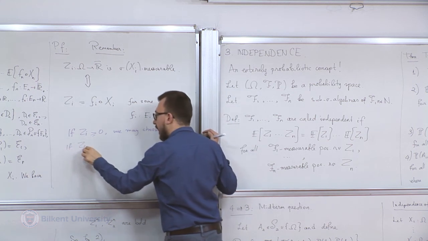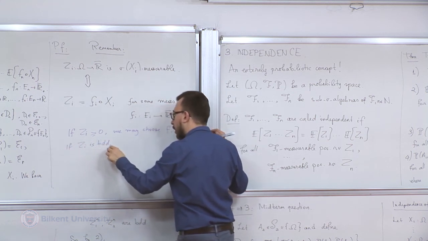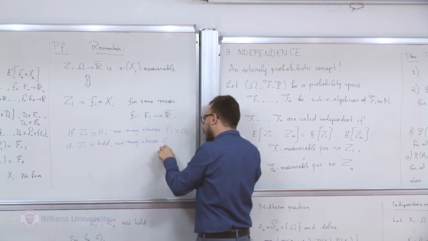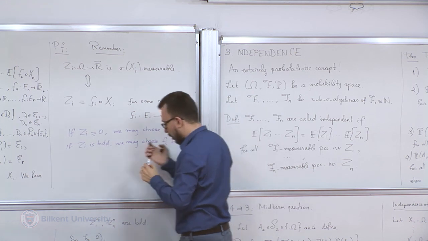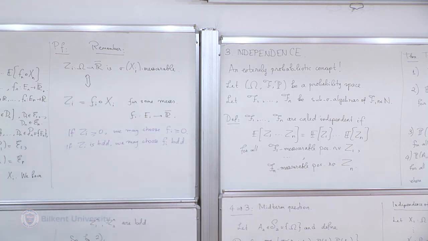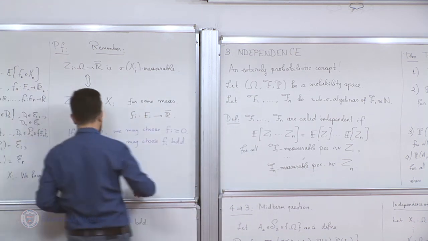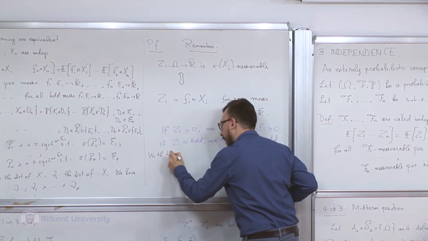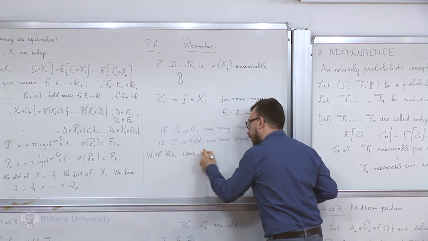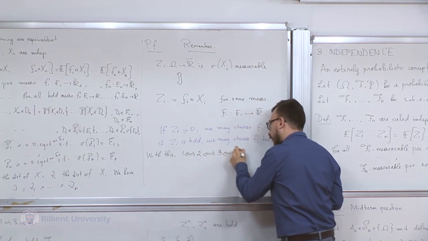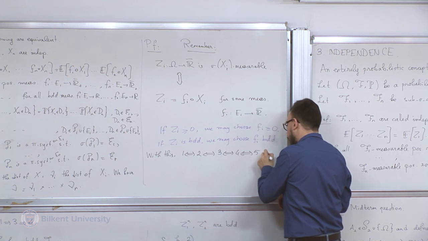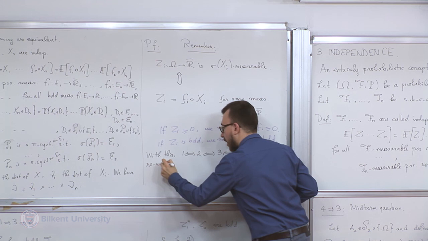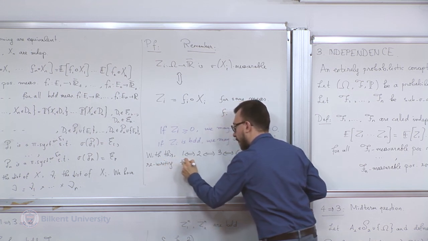And if zi is bounded, we may choose fi as bounded. So with this, 1 equivalent to 2, equivalent to 3, equivalent to 4, equivalent to 5 is just rewriting the theorem.